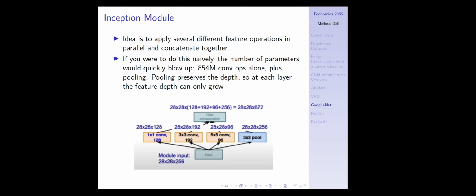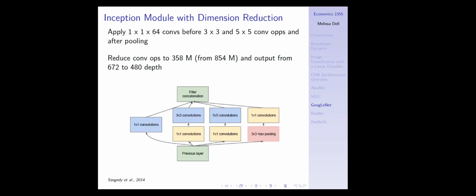In other words, if you were applying all these filters, you need to take a linear combination of them, with parameters that are themselves estimated as part of the network, or you're going to blow things up. And so this is what the inception module did to make this feasible. So it's the same as we saw before.